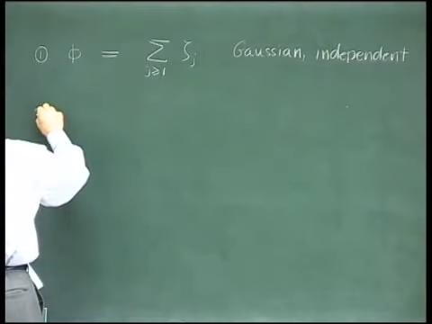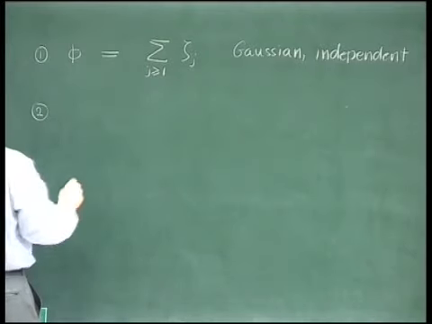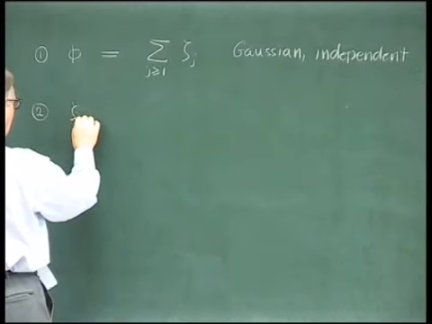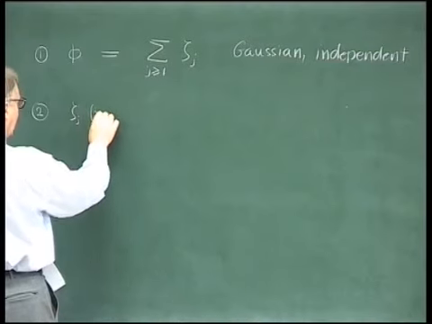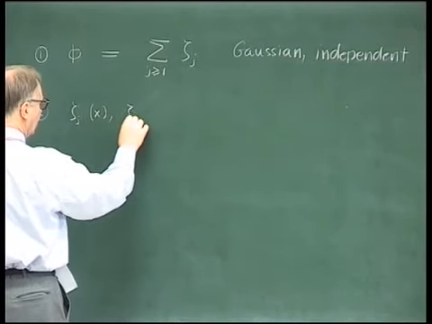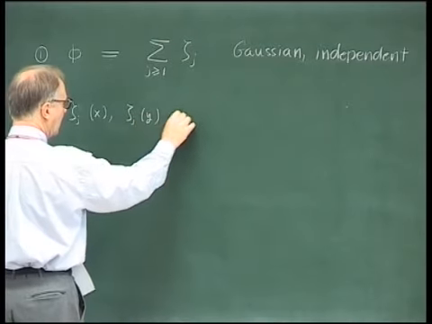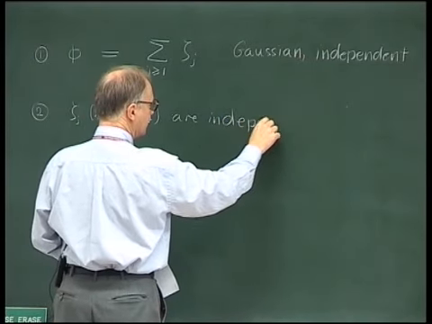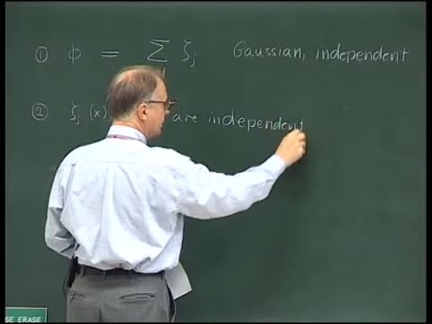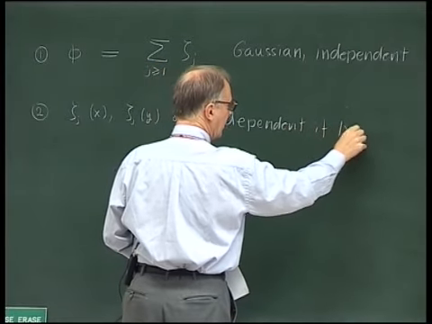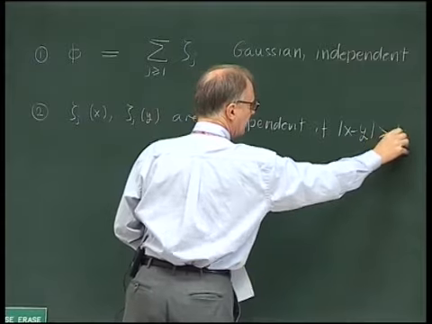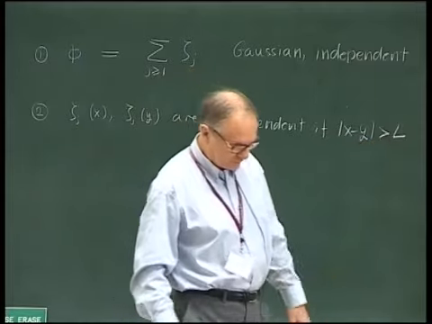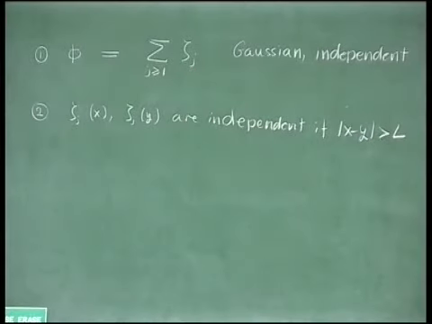And secondly, that these increments have the property at a single scale j that zeta x and zeta y are independent if x minus y is greater than L. I've always had a weakness for getting confused between strictly greater and greater or equal, even though it's critical.